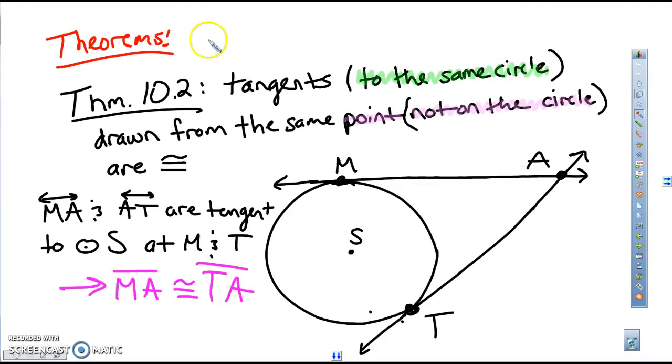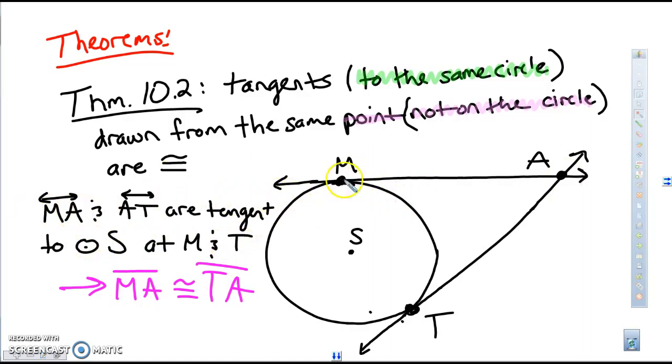The next theorem for this section, and the last one as well, says that if you have two tangents, like two tangent lines or rays, that touch the same circle, they're not necessarily the same line, but if they touch the same circle and intersect at a point that's not on the circle, then the segments from the points of tangency to that intersection point are congruent.